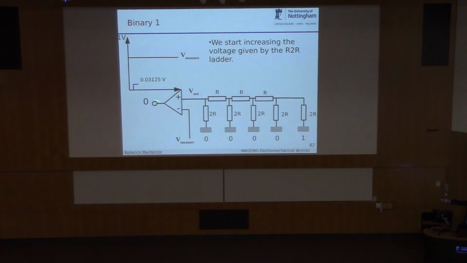The output of the comparator is 0, because it's smaller than this voltage. Now we apply 1 here. The voltage goes up a little bit more. The output of the comparator is still 0, because this voltage is still smaller than this voltage. We increase again, this voltage goes up a bit more, and the output is unchanged because it is still smaller.